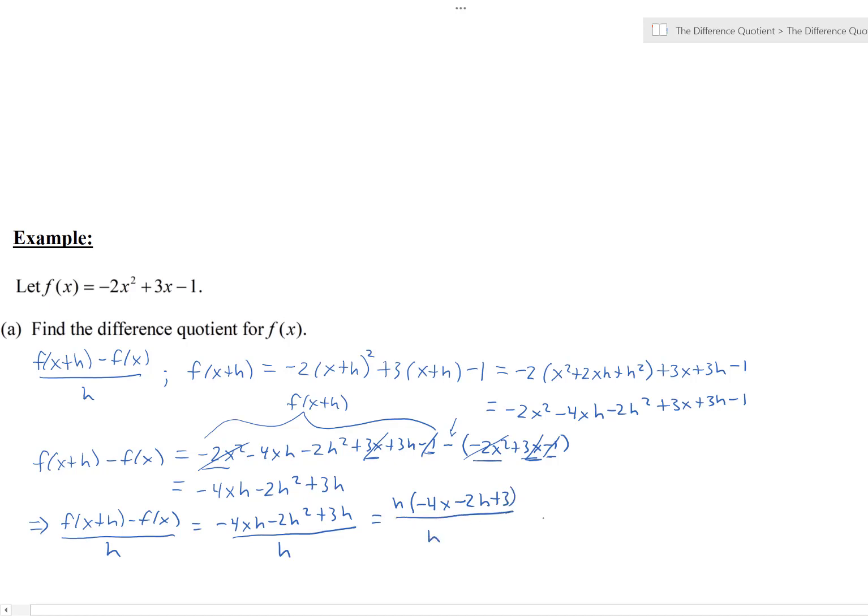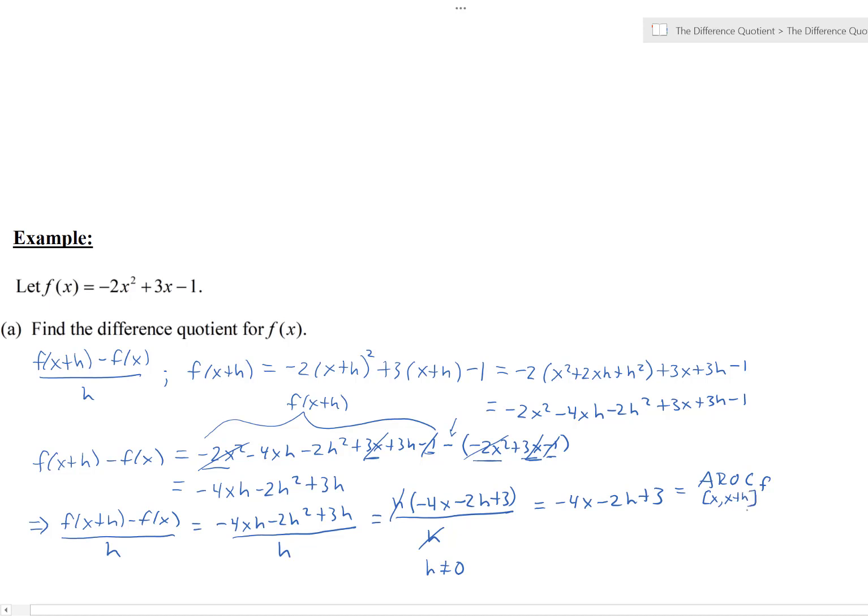Again, we're assuming h is non-zero, and hence, boom, the h's are gone. We're left finally with the result, negative 4x minus 2h plus 3. That is the average rate of change of this quadratic over the interval x to x plus h.